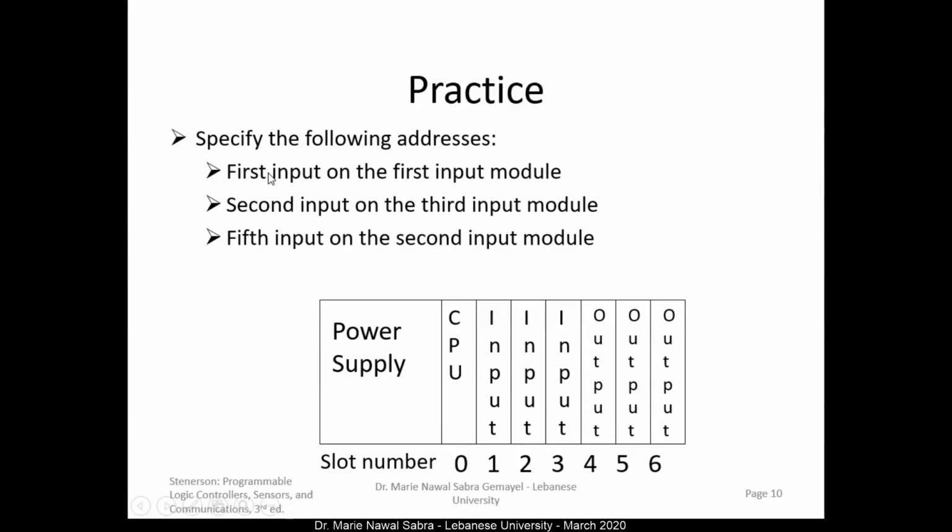The second input on the third input module is on slot number 3, so it's going to be I1:3/1, because it is the second input, therefore the number 1. And so on. The fifth input on the second input module is going to be I1:2/4.